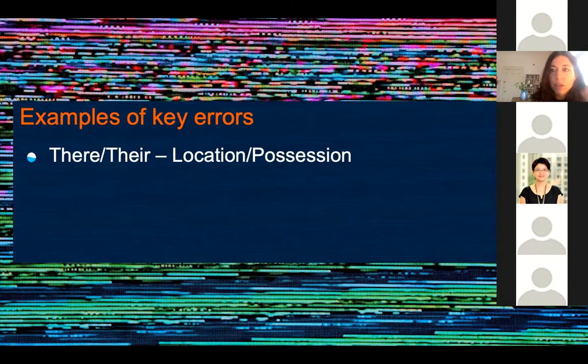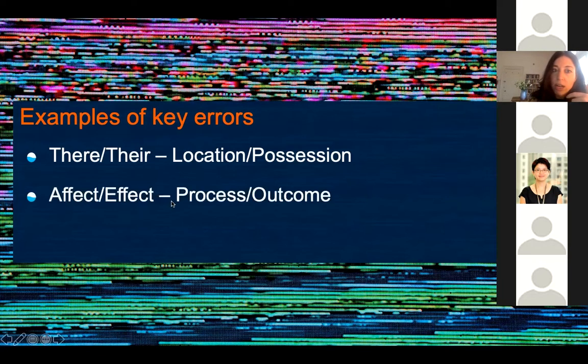So you need to be aware of the difference. You could say the object is over there, but you say that their phone is on the table. So their phone refers to possession, whereas in the first example you're pointing to something over there, a location. They sound the same, so just be aware of the difference.